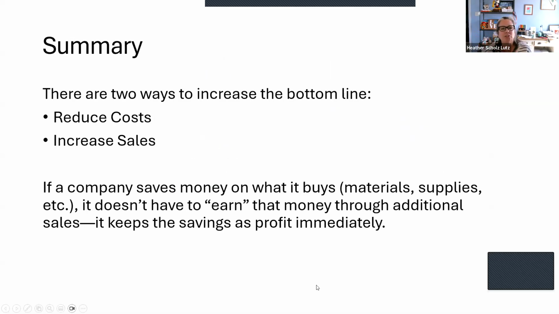There are two ways to increase the bottom line, either reduce your costs or increase your sales. What this profit leverage effect is trying to show you is that the company directly saves that money, that money goes right into our pockets. So we would have to earn more in terms of sales to have that same impact.